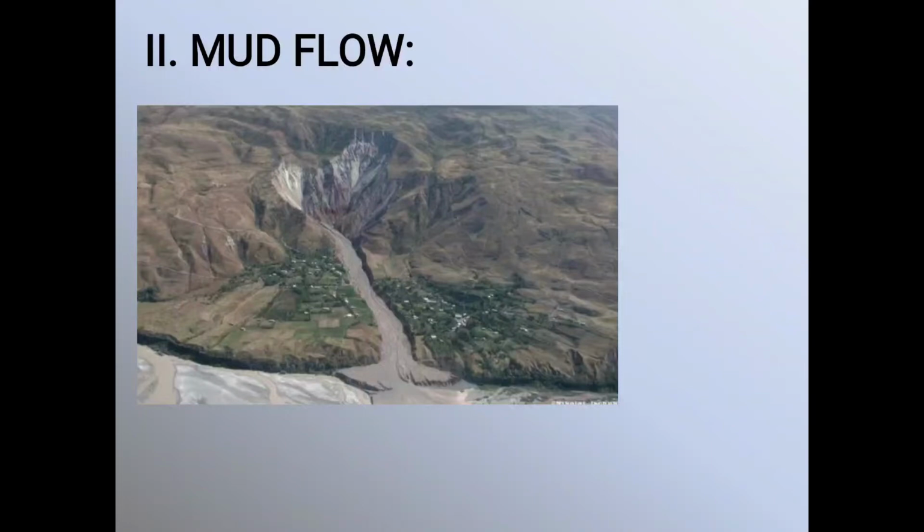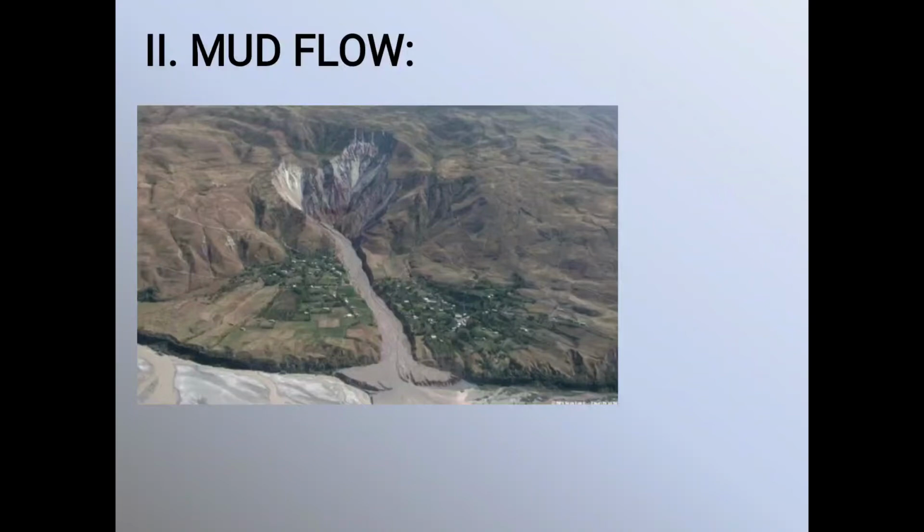It is usually poorly sorted owing to the presence of large boulders and many small pebbles in the clay silt matrix. Although some mud flows exhibit rudimentary graded bedding, it is difficult to distinguish from a till when it is solidified.